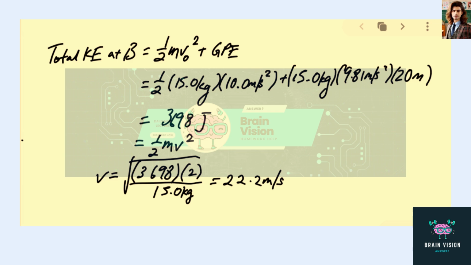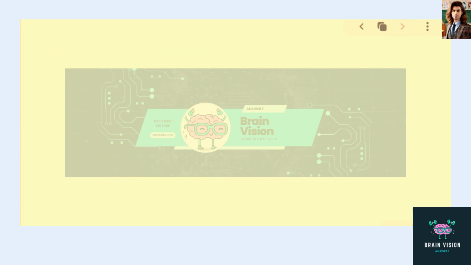Now to get the distance that this spring will be compressed, we're going to assume it's compressed by some unknown distance x. And we know that x plus 100 meters will be the total distance traveled by our stone.